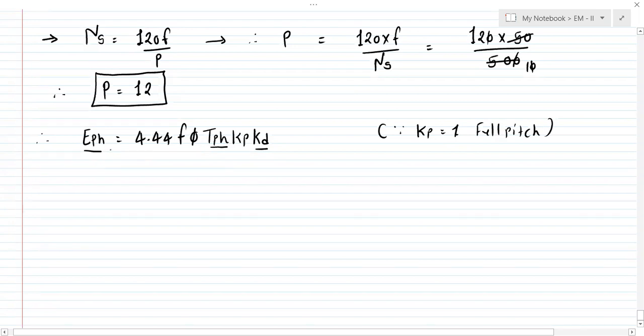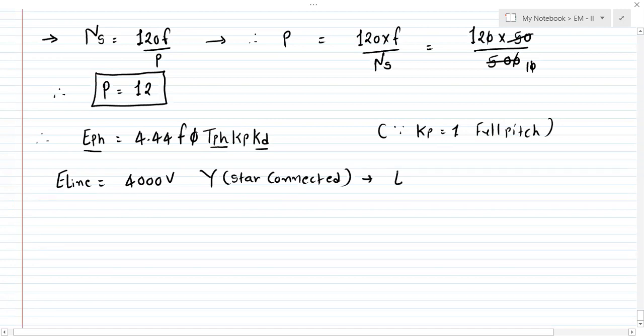First of all, E phase. Here we are aware that my line voltage is given as 4,000 volts, and my machine is star connected. So can anyone tell me what should be my phase voltage?